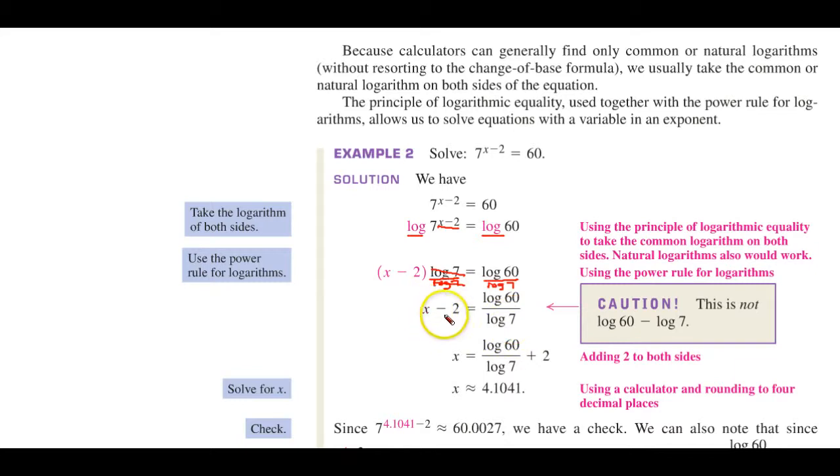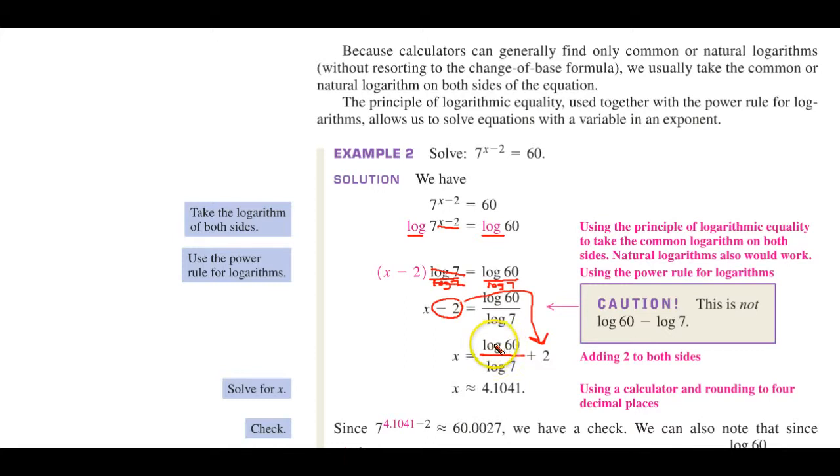But now to get the x by itself, we're going to transpose that negative 2 to the other side, where it becomes a positive 2. Then, physically in your calculator, you're going to press log, and that's a common log.